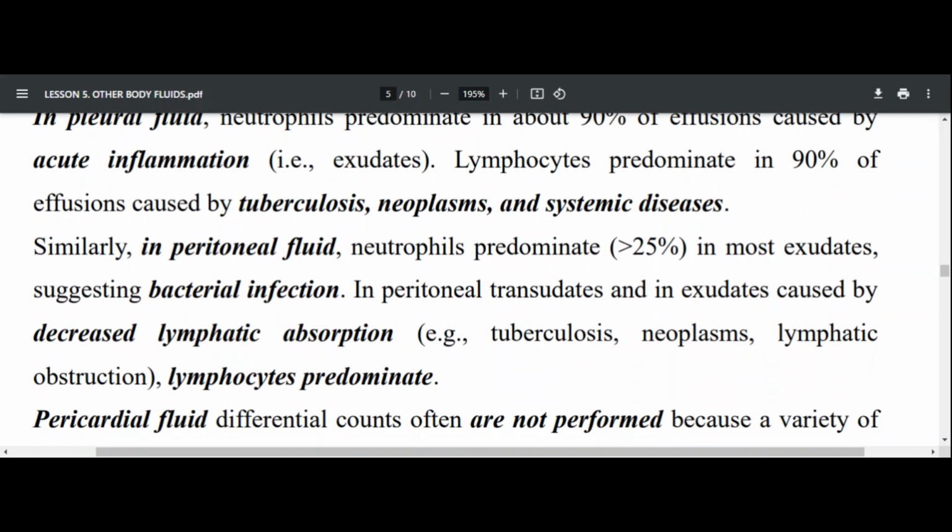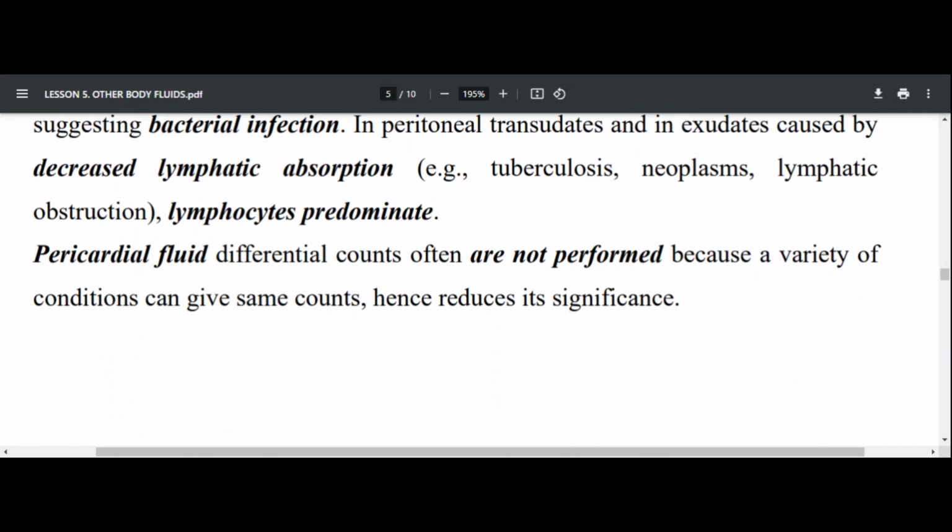In peritoneal transudates and exudates caused by decreased lymphatic absorption, tuberculosis, neoplasm, or lymphatic obstruction, lymphocytes predominate, but not neutrophils. So here, lymphocytes will predominate among other WBC.